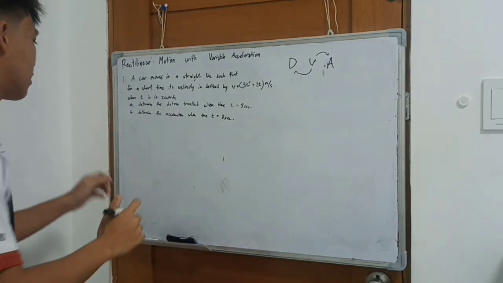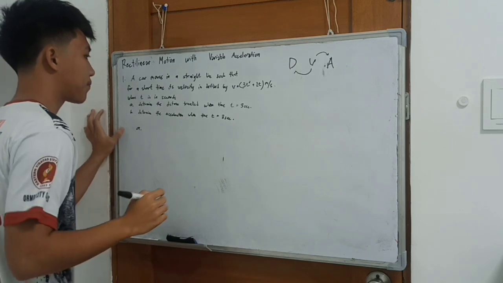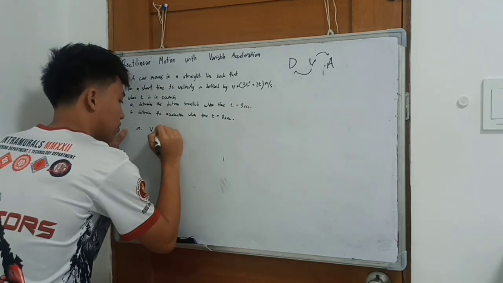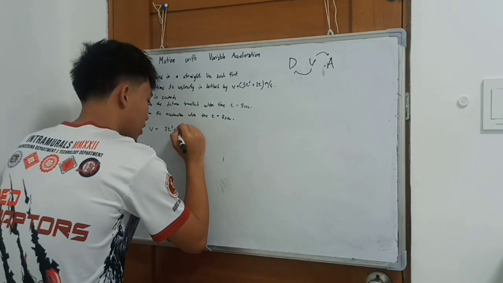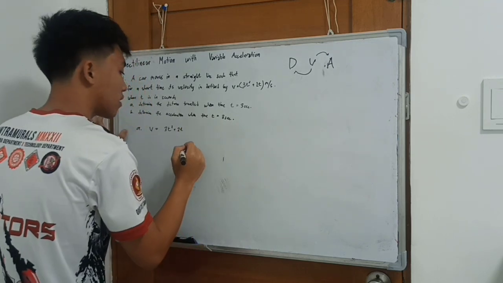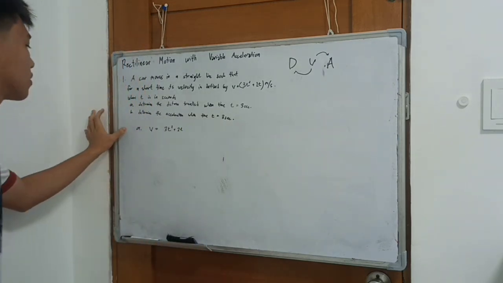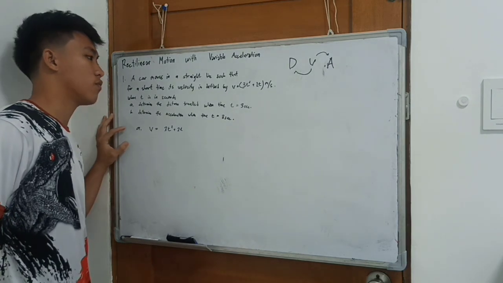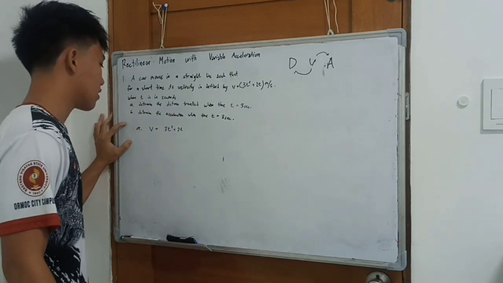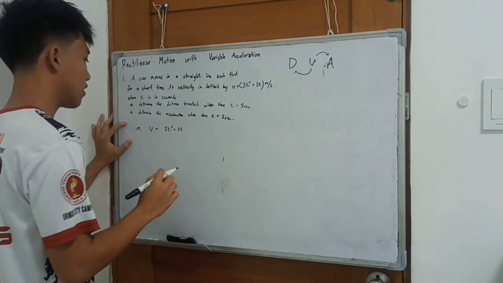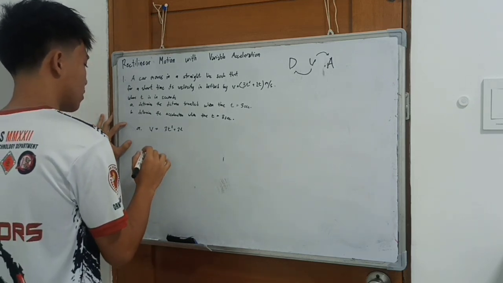So start with A. v is equal to 3t squared plus 2t. We need to integrate the function to get the distance.